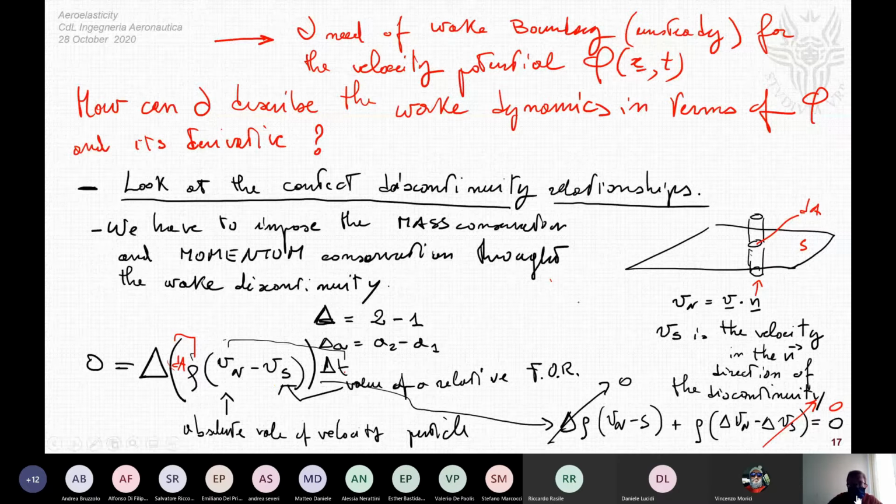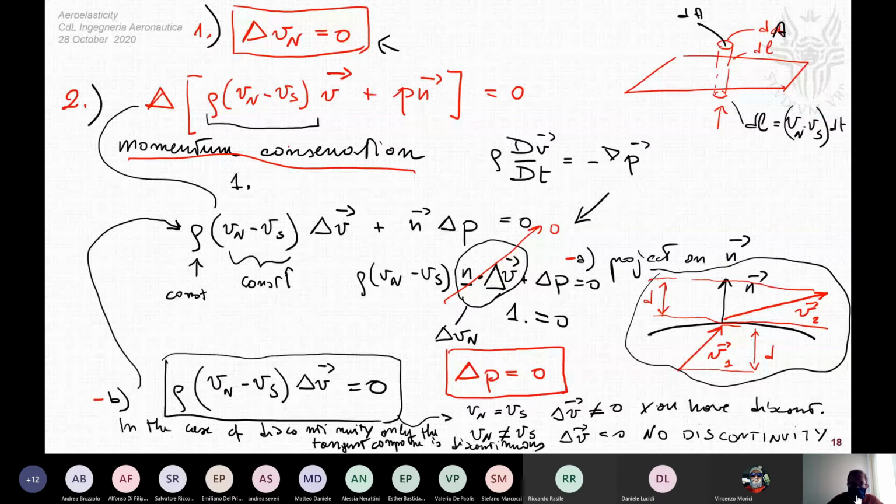Applying this, we found that necessarily the component of the velocity normal to the surface has no discontinuity, so delta Vn equal to 0.